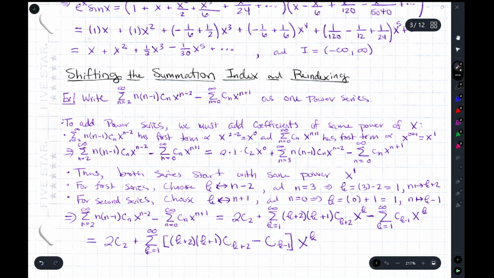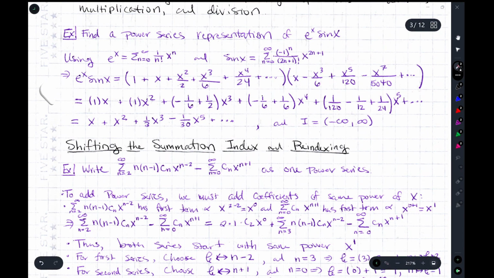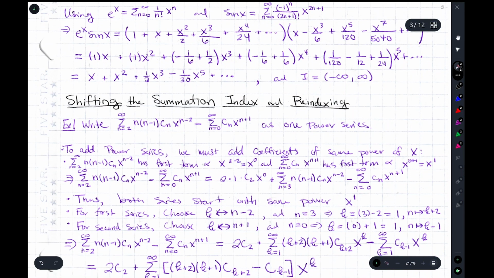You have to make sure. So when you add two power series together, you add the coefficients of the same power, okay? So just like we did up here, we got two different terms with x cubed from doing this product, and we combined the coefficients of those x cubed to get that. So we're doing the same thing here with these. Okay, so we have to add the coefficients of the same power of x.